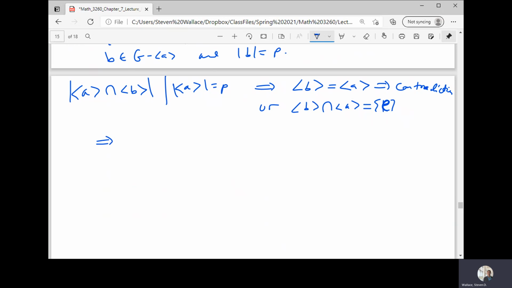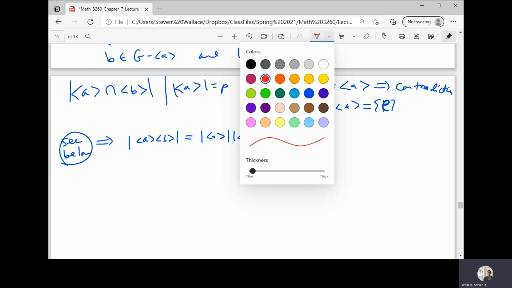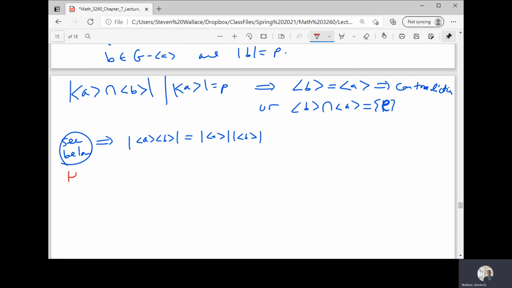But this means that the order of this set here, which we know is a subset of G, has to be order A times order B. This is from below, this formula that says the order of two subgroups multiplied in this way is you take the orders of each one and divide by the order of the intersection.